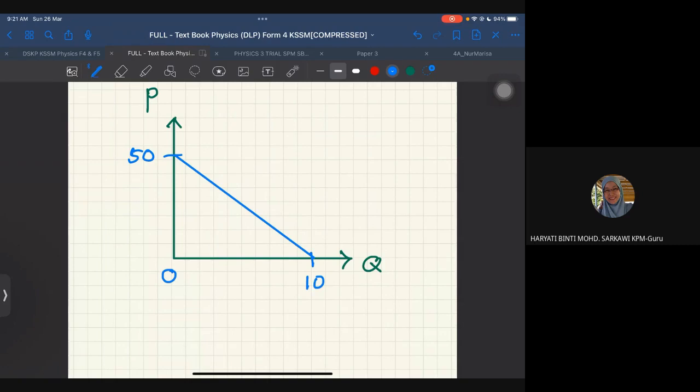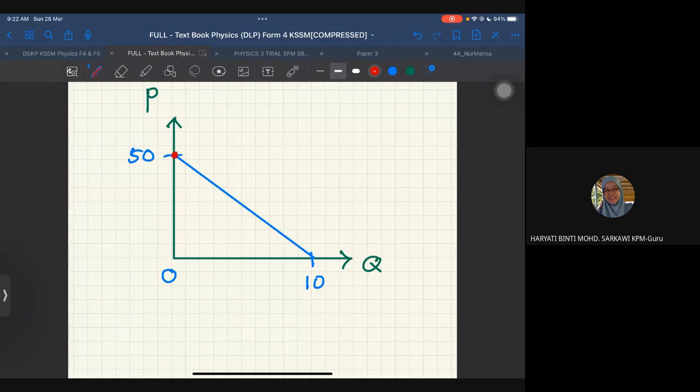Try to calculate the gradient. Write your answer. You can use the shortcut to calculate the gradient by using the points.